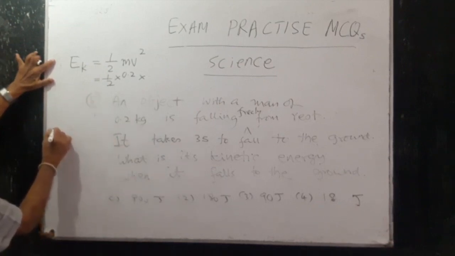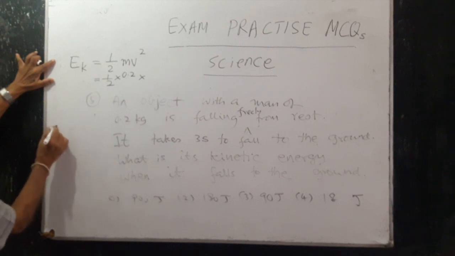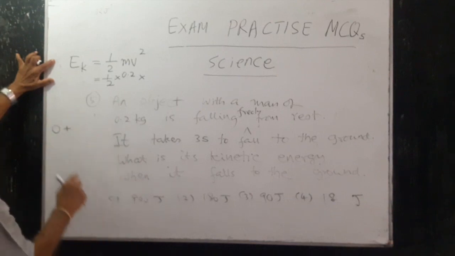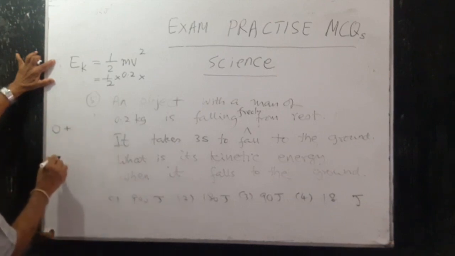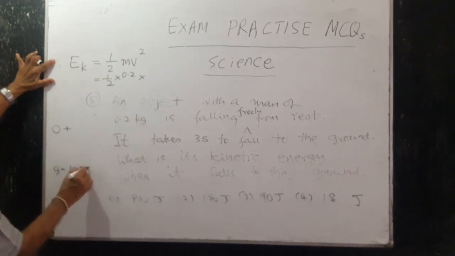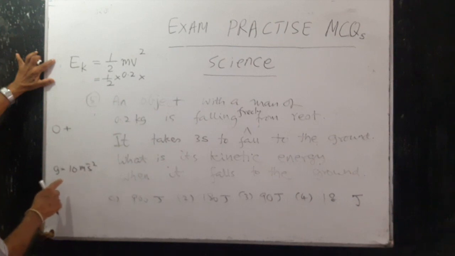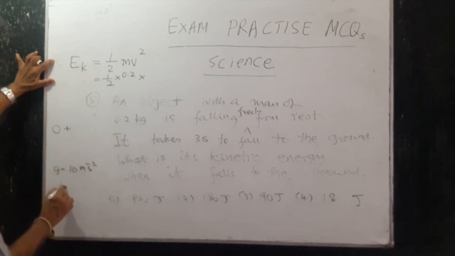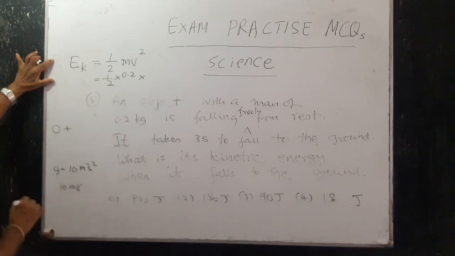Initial velocity is 0, and it takes 3 seconds to fall to the ground. Now you know that acceleration of gravity is equal to 10 meters per second per second. That is, when it is falling, velocity increases by 10 meters per second in 1 second.